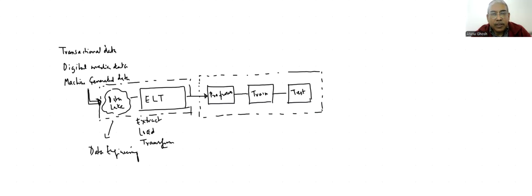In this particular series of sessions, we are going to use Microsoft Azure to understand some of the activities that can be done in this entire process of building a data lake and extraction, loading, and transform.